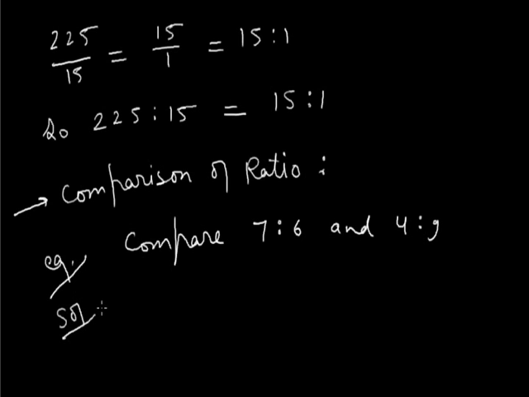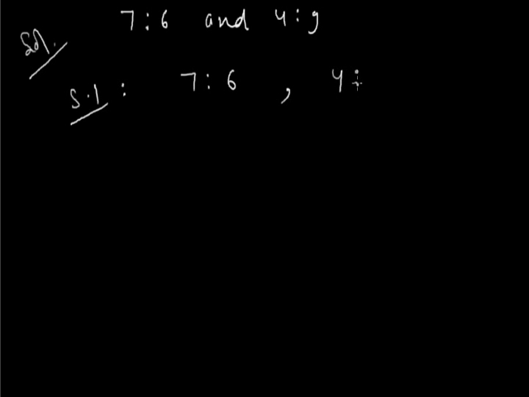Now I am giving you the solution using the steps which illustrate the comparison of ratios. We have to compare 7:6 and 4:9. Step 1, I am representing it here as S1: obtain the given ratios. Our given ratios are 7:6 and 4:9.